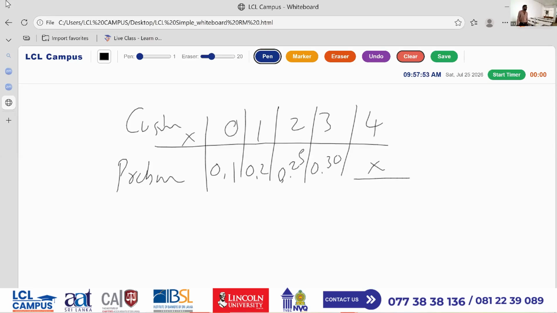How? Add all these and subtract from one? Because the property of a probability distribution is sigma p equals 1. Then 0.1, 0.3, 0.6, 0.85, 0.15, no? Check.